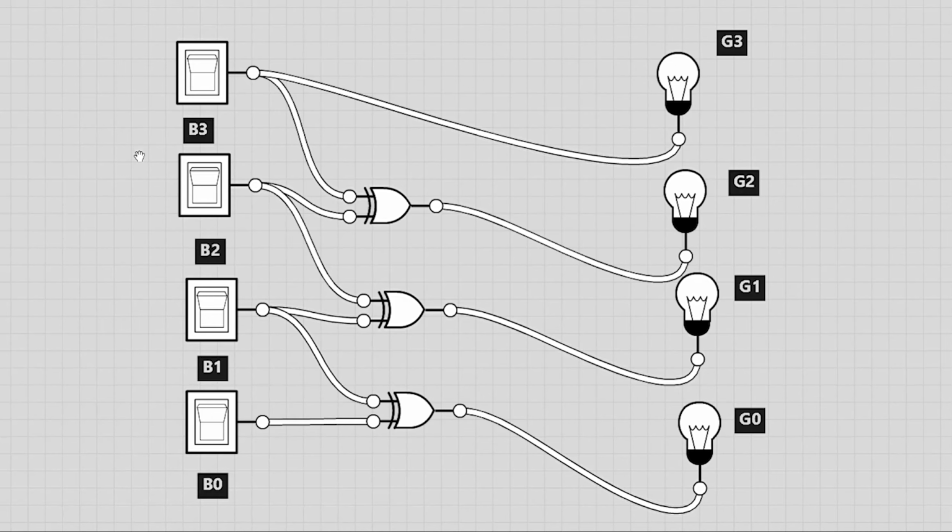Now we are going to see the simulation of binary to gray conversion. B3, B2, B1 and B0 are the inputs, and G3, G2, G1 and G0 are the outputs. Now B0 is activated, G0 is high, others are low.